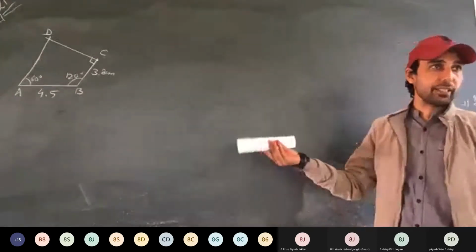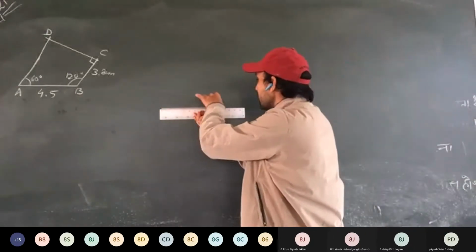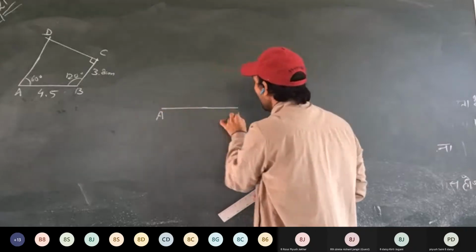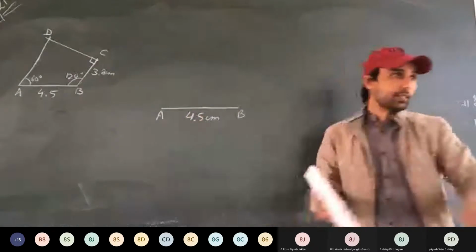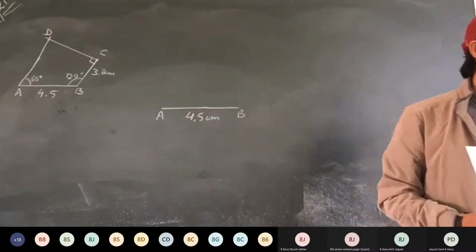Take 4.5 centimeters length and draw a line AB of 4.5 centimeters.